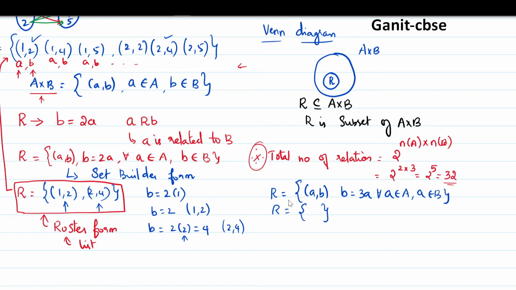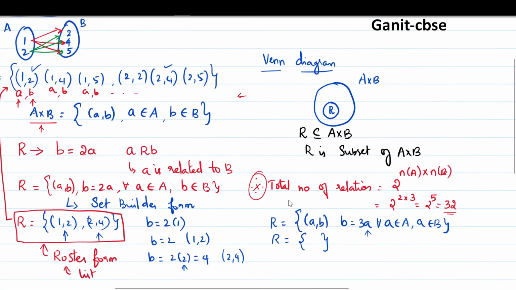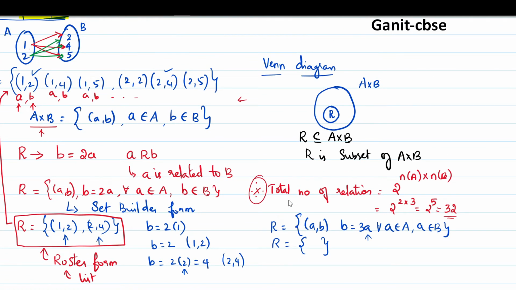If you take any element from set A and multiply it with 3, you will not get any number which is in B. If you multiply 1 by 3, you get 3, and you don't have 3 in set B. If you multiply 2 by 3, you get 6, and you don't have 6 in set B. So that's a null set.